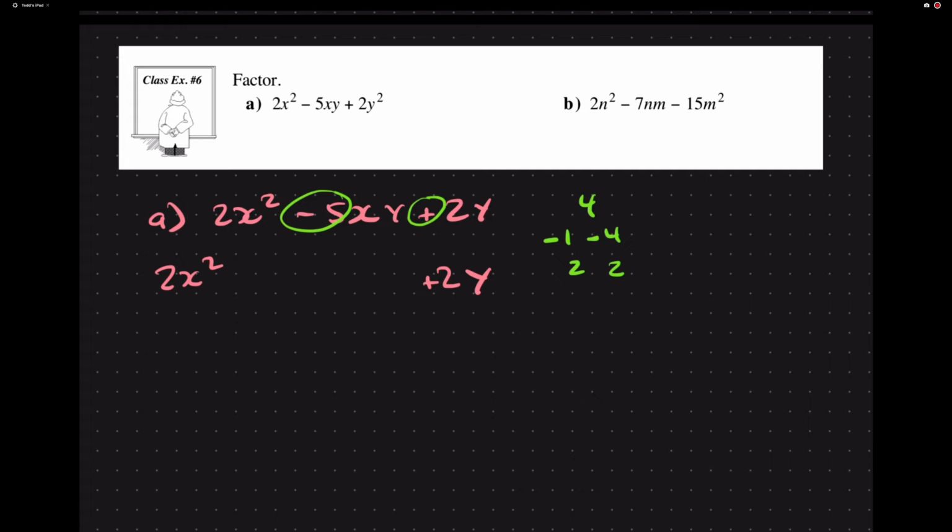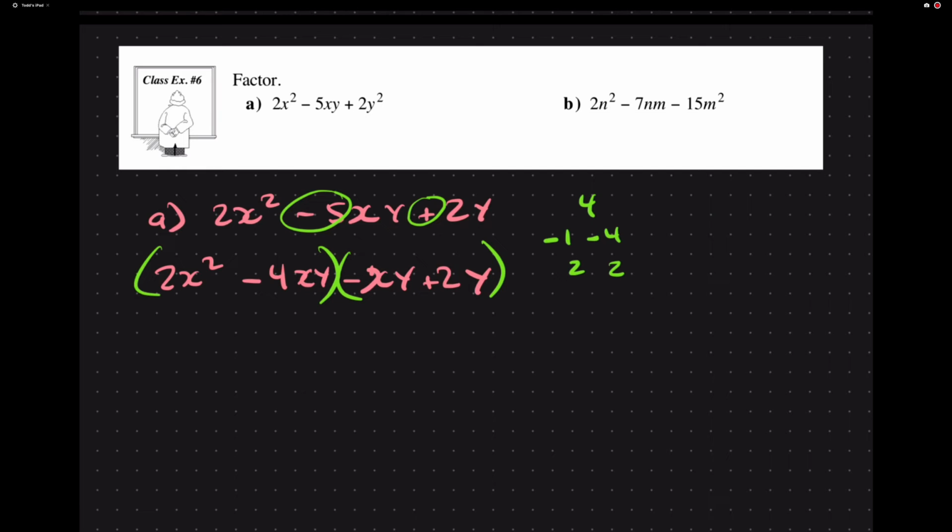So I've got a negative 4xy and a negative xy, which is just negative 1xy. Break this down into two binomials right there, and let's start factoring out, pulling out something common.